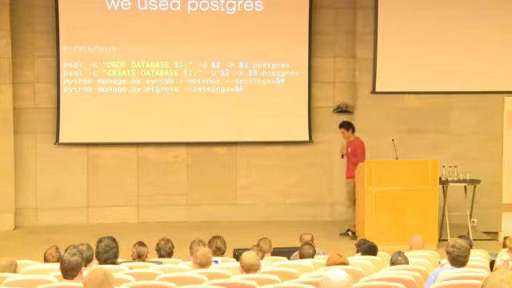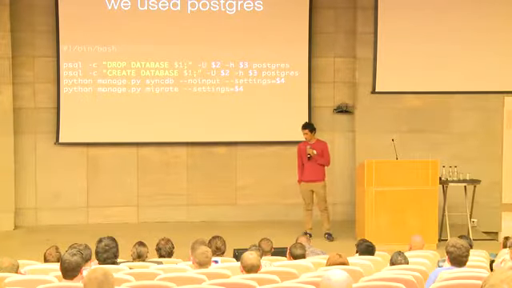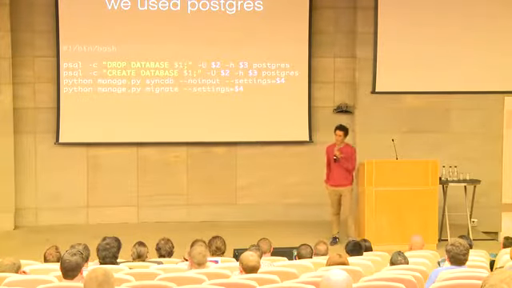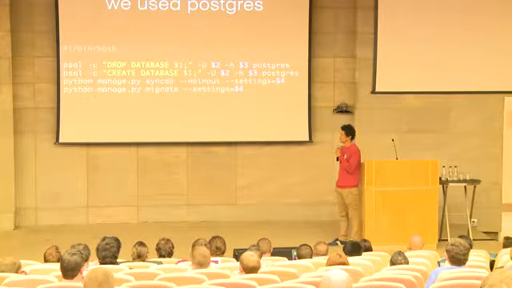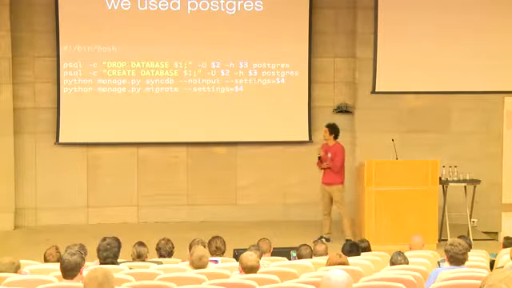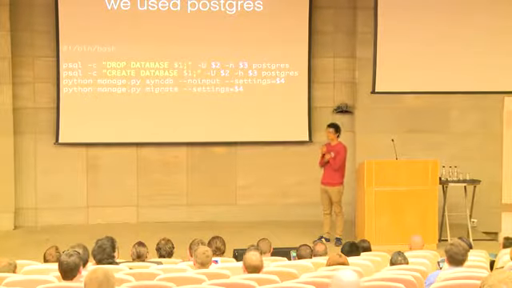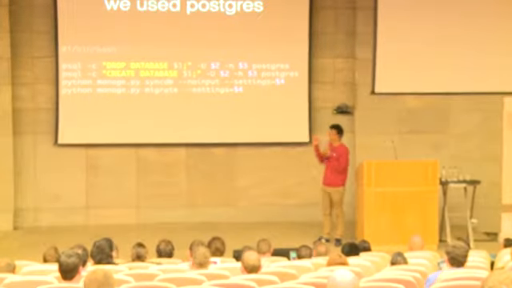We use Postgres for our database, and Postgres was sort of essential for this because the guarantees on consistency are much higher in Postgres than they are in other databases. And this is a small script that we use to build our Postgres database. And this is not the first version of the script.